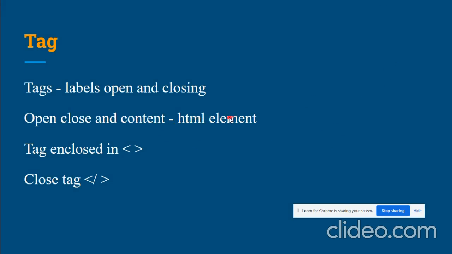So what is a tag? From the beginning of the class I've been mentioning tag. So what is a tag? A tag is nothing but a label which helps you to open and close an HTML document. Only with this tag, the browser will understand that it is a web page.